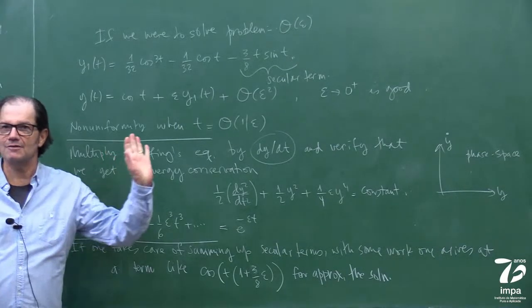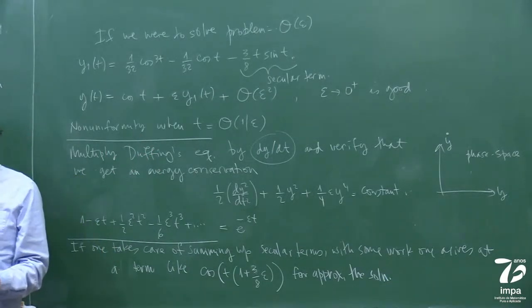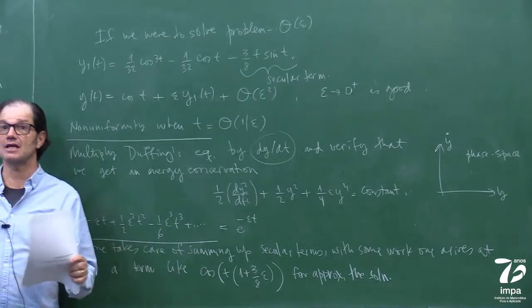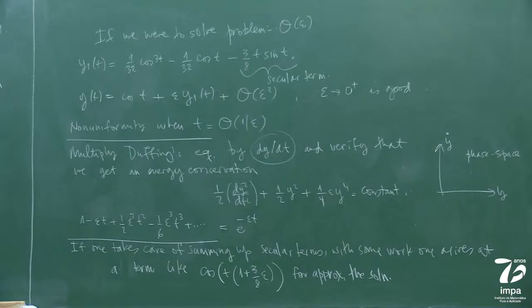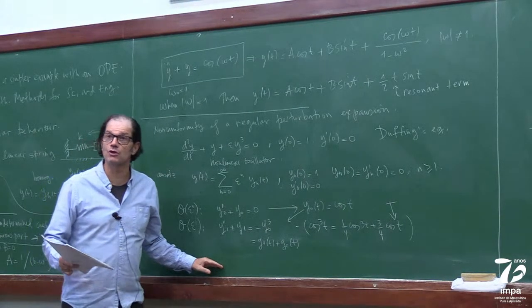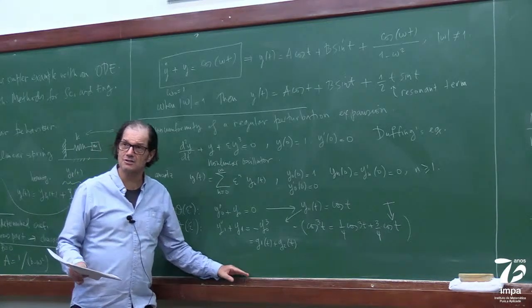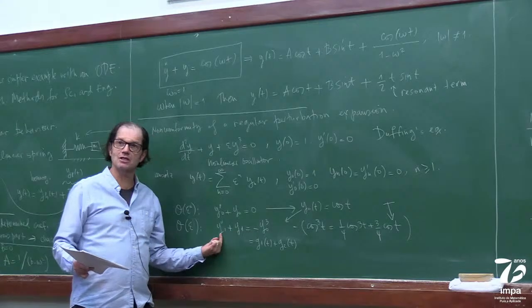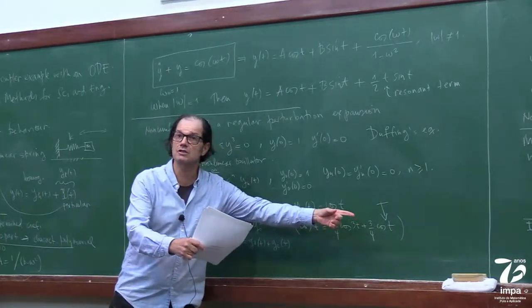So the conclusion is that we need to take care of these secular terms that will appear over all this hierarchy of equations. Because there's no reason why a secular term should not appear in the next equations, which very likely might have oscillators like this, and on the right-hand side, more and more different forcing terms.